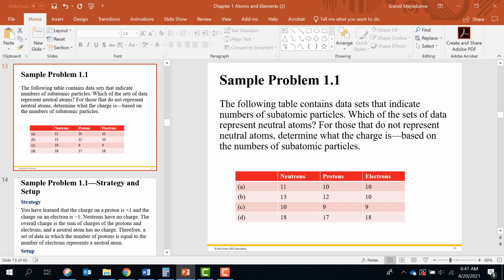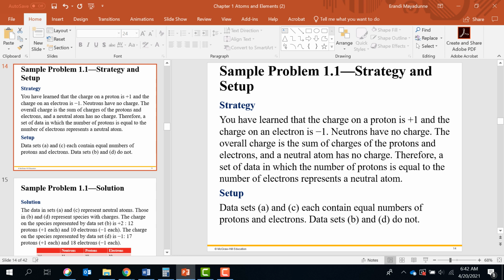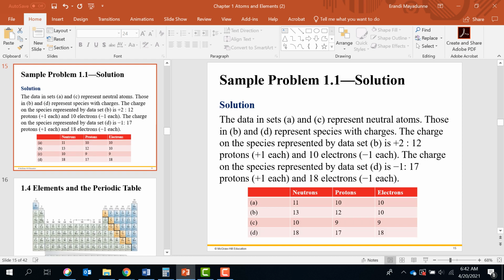Neutrons are 10 and 10, so it's neutral, and this is the neutral charge. So A and C are the neutral atoms.